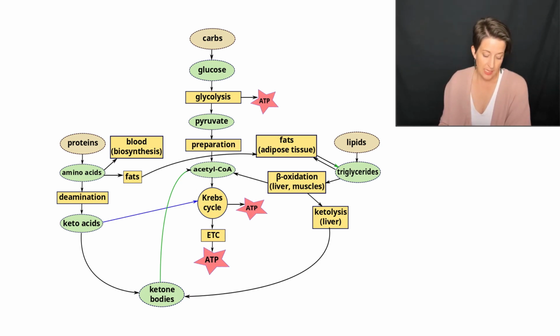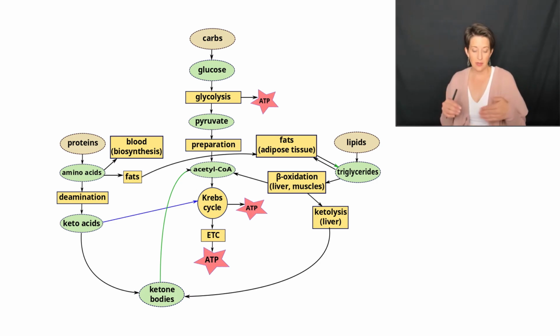We've talked about proteins and how the amino acids have to undergo transamination and deamination to make those keto acids. The keto acids are then intermediaries in the Krebs cycle, but they can also be converted into ketone bodies as necessary.